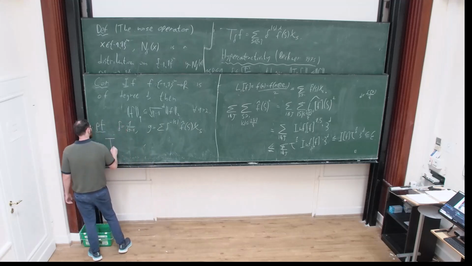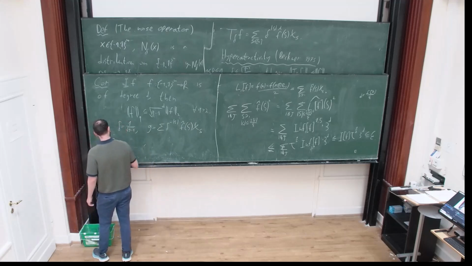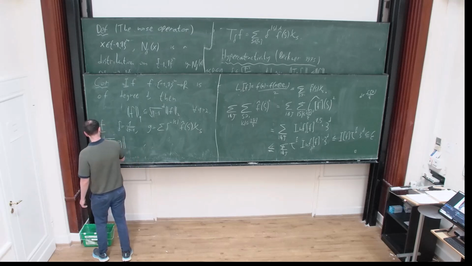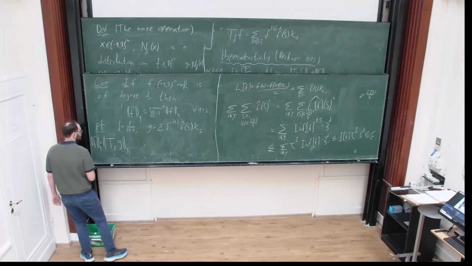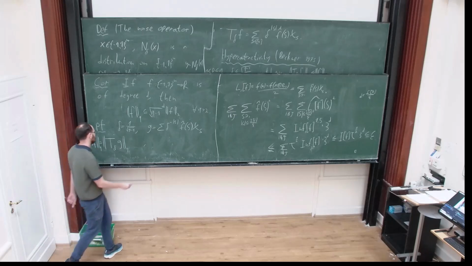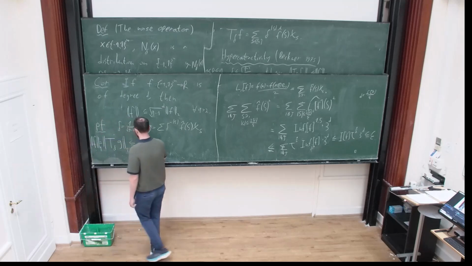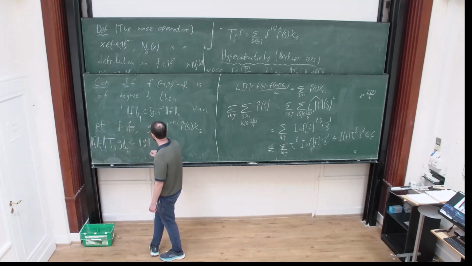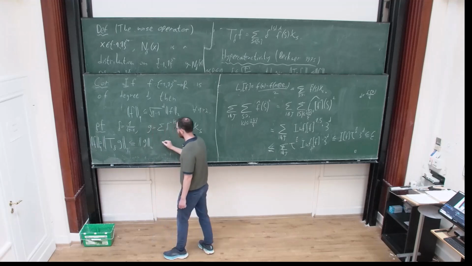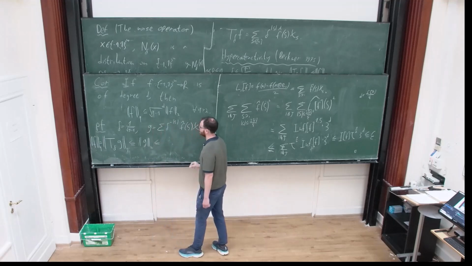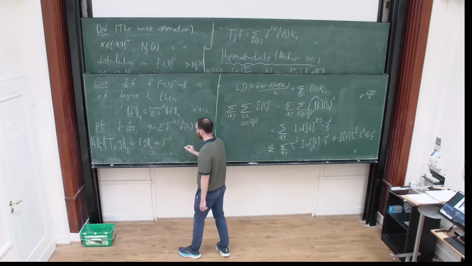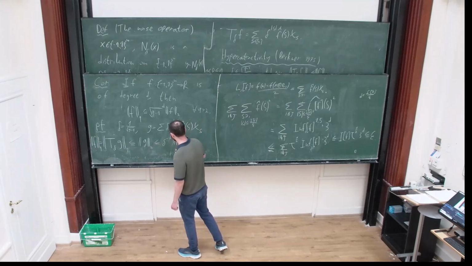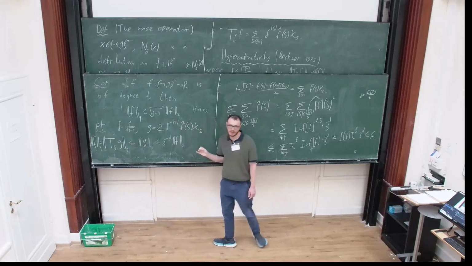And then the q-norm of f is at most the 2-norm of g by hypercontractivity. But this is at most delta to the minus d times the 2-norm of f, just by Parseval.